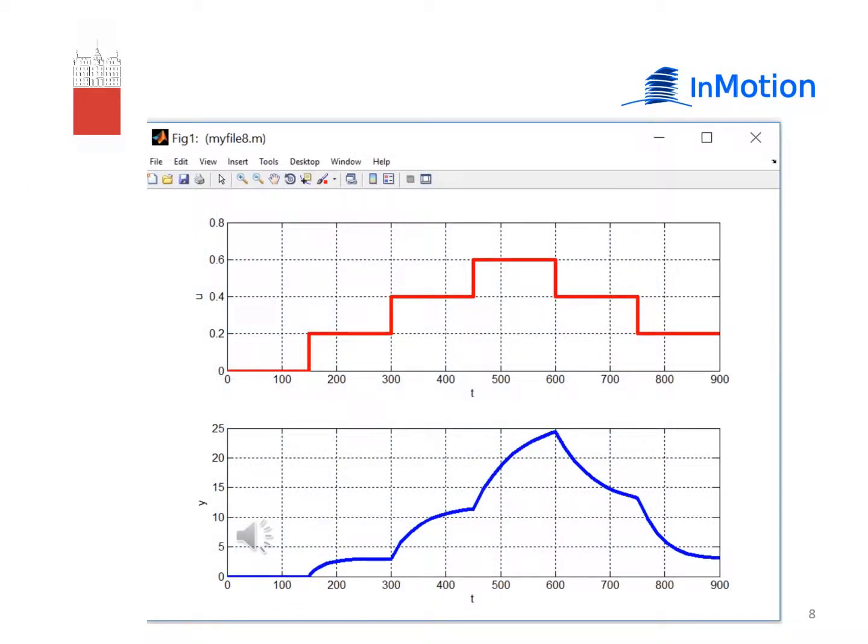The result of execution of myfile8.m is a figure as presented here. From the nonlinear model response presented below with the blue color, it is clear that the velocity of the response as well as the gain depends on the range of the system operation.